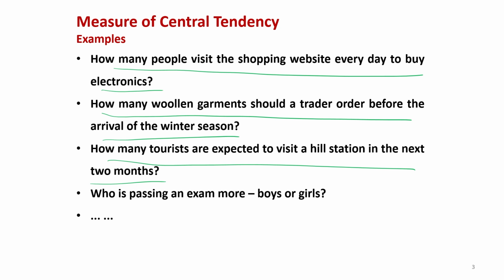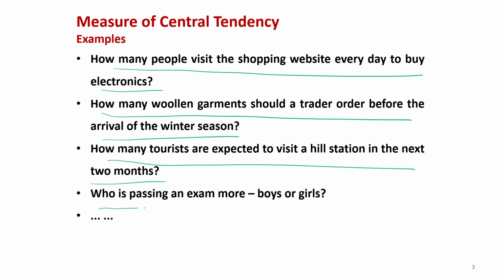But if they get a summarized observation, suppose they say that last year during these 2 months there were 5,000 tourists who came to the hill station. So, 5,000 does not mean it was 5,000 tourists every day, but on some day it was 4,500, some day it was 5,500, some day it was 4,500 again, sometimes it was 4,800 and so on. But the average value is close to 5,000. Right. So, one can say that in the next 2 months, every day they expect about 5,000 tourists are going to visit that particular hill station.